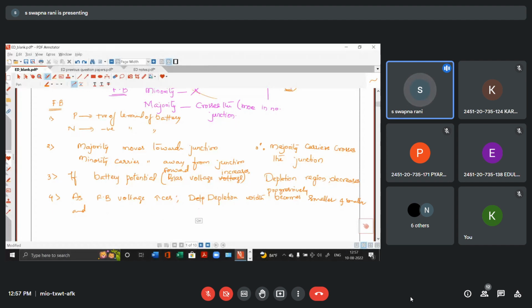So depletion width becomes smaller and smaller, and more number of majority charge carriers try to cross the junction. More and more majority carriers cross the junction.